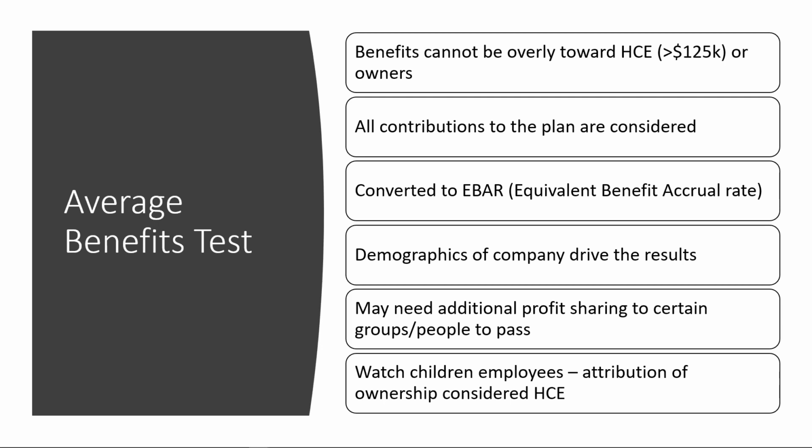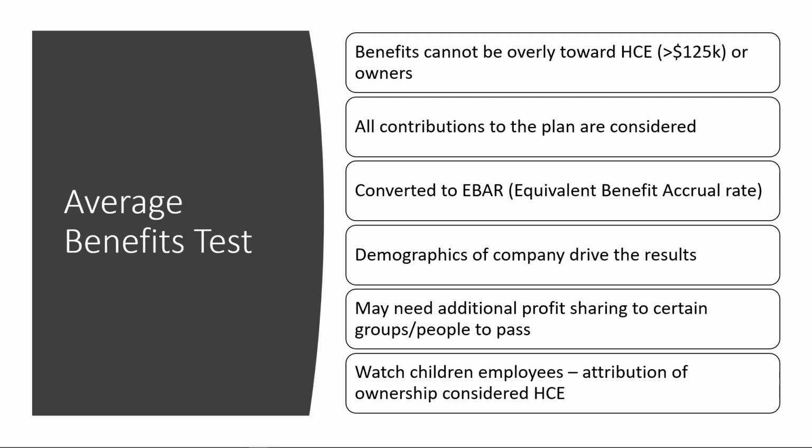And that drives the contribution that you can make so that everyone has not the same equivalent benefit accrual rate, but such that it's not overly skewed towards the highly compensated employees. In fact, it happens to be 70%. 70% is the threshold that everyone has to accrue at least 70% of the benefit of your highly compensated employees.